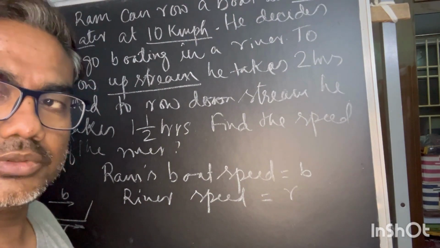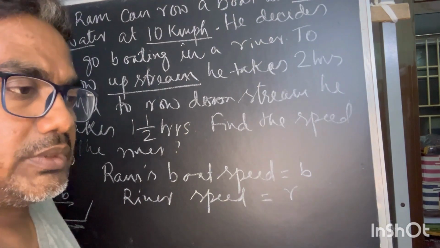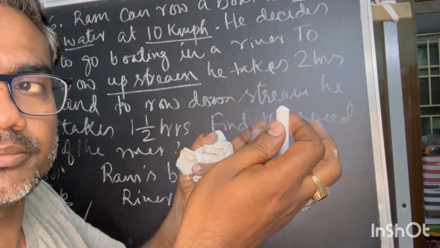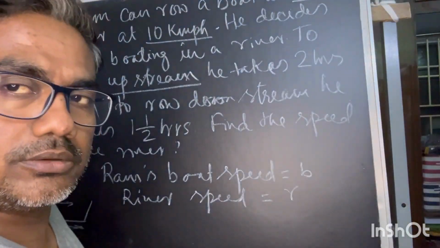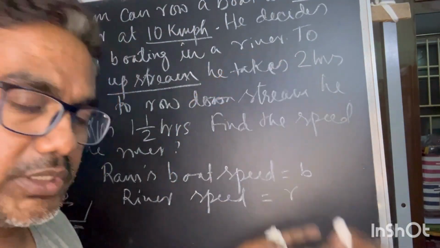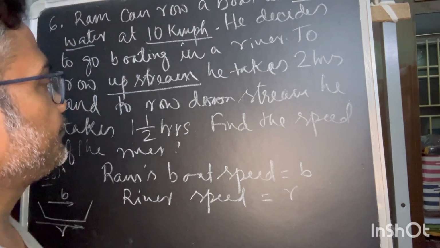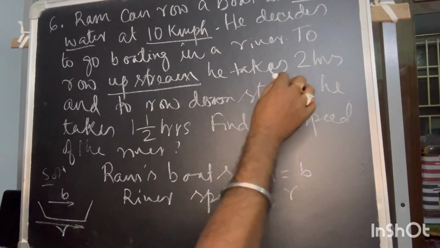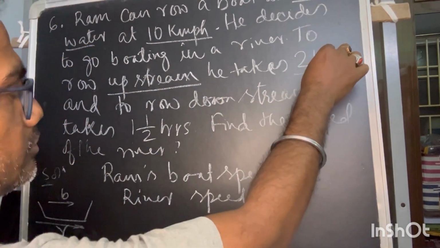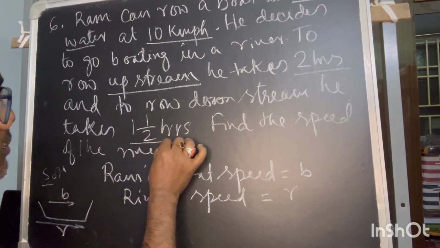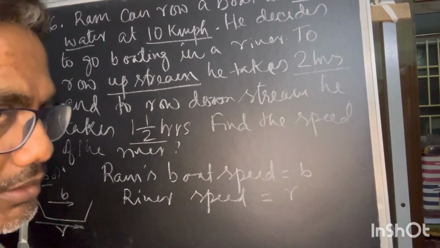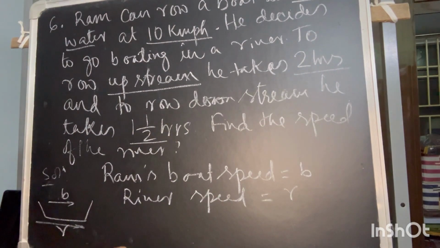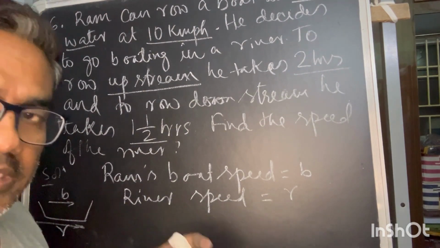Also, when you are moving up, you are lifting your own body, which is more energetic. When you are moving down, your body itself is giving you force. So upstream has resistance, which is why more time is taken. That is also a clue for where to add the river current and where to deduct it. When time is more, you are definitely going against the current.